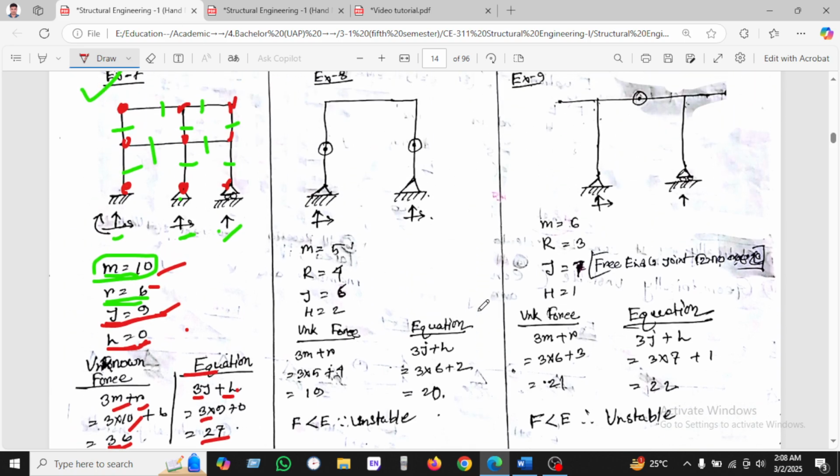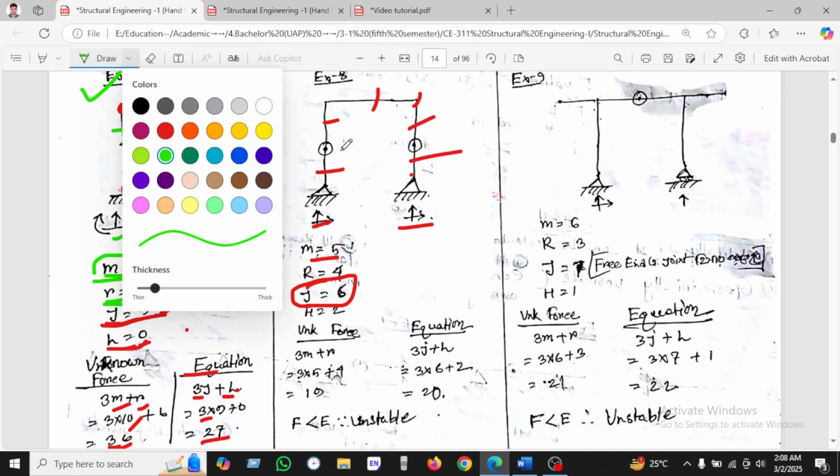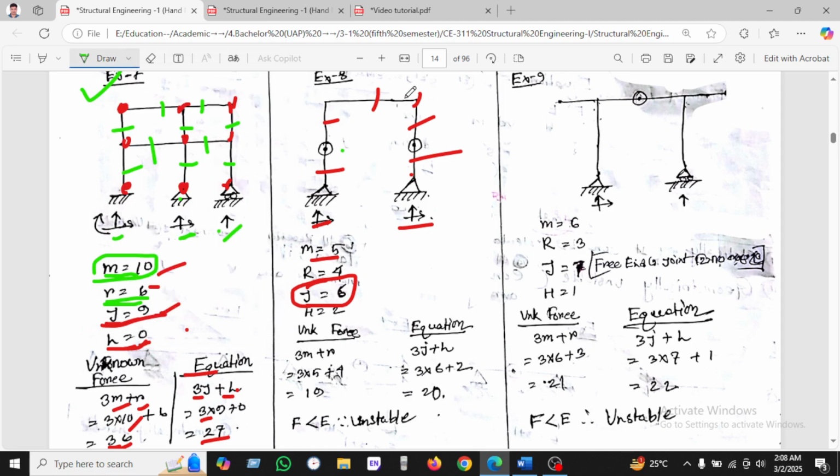Okay, let's see another example. You can see here the number of members is 5: 1, 2, 3, 4, 5, and the reactions are 4, given by pin supports 2 and 2, so 4. Now see the joints. Here is 1, 2, 3, 4, 5, 6.